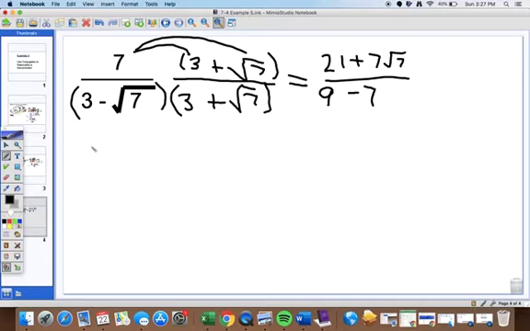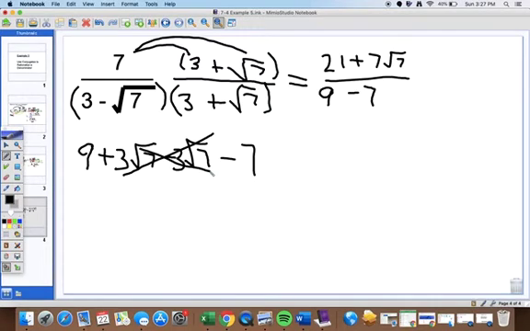And if you don't believe me, let's just write the whole thing out real quick. 9, plus 3 times the square root of 7. And then when I do this one right here, you get minus 3 times the square root of 7, minus 7. That's why I didn't even write it out, because I know that it's going to cancel.